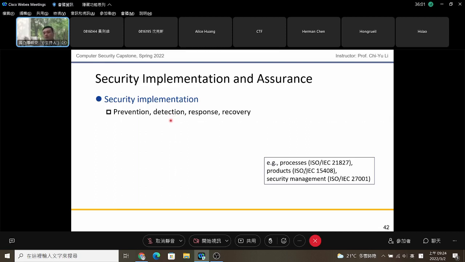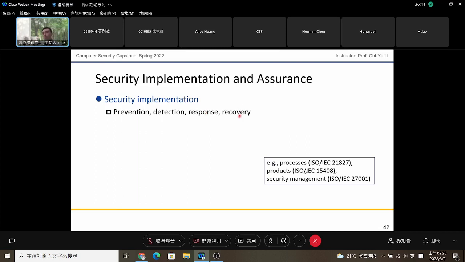Once the attacks are detected, we need to think about how we can respond to the attack. For example, once the attack is detected, one response is to reboot the system or quarantine the software which has been compromised. You can design a set of mechanisms which respond to the attack.